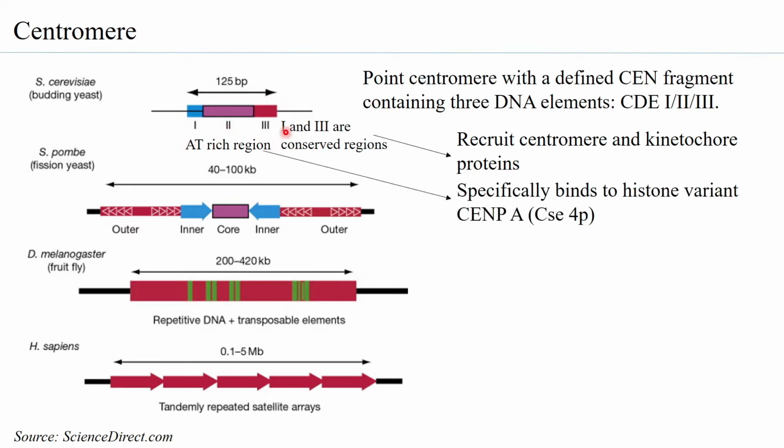And the AT-rich region, CDE2, primarily has around 80 to 90% AT sequences, and this AT-rich region specifically binds to the histone variant CENP-A. So the nucleosomes present within the CDE2 region would not have H3 in the nucleosome core particle.